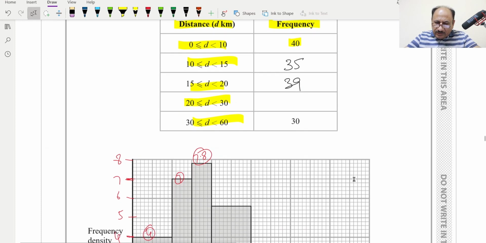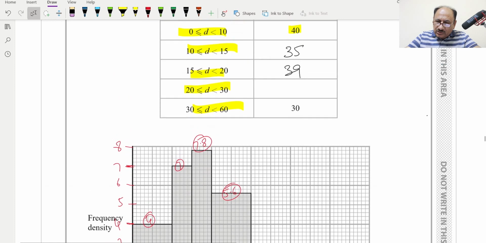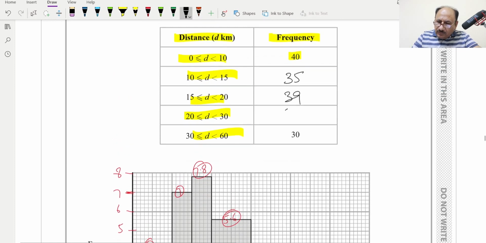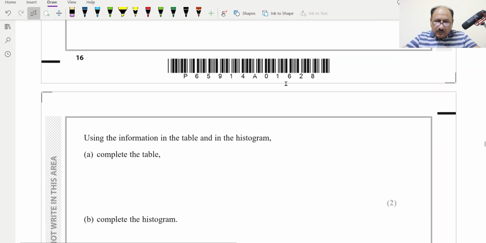Okay, good. Now next, 20 to 30. The 20 to 30 distance will be this much, 10, and the height is 5.6. So 10 multiplied by 5.6 will be 56. So this will be 56, and 30 is already provided. Now what we have to do, we have completed the table and the histogram also.